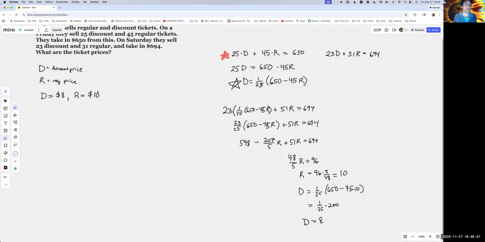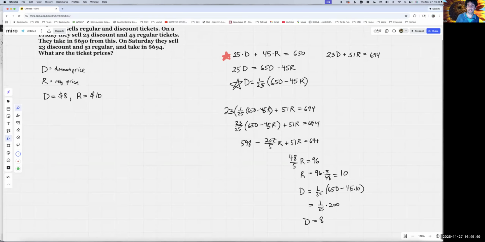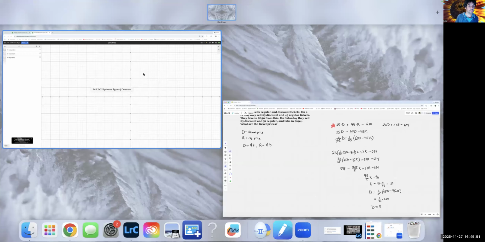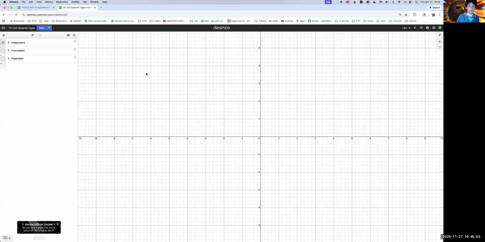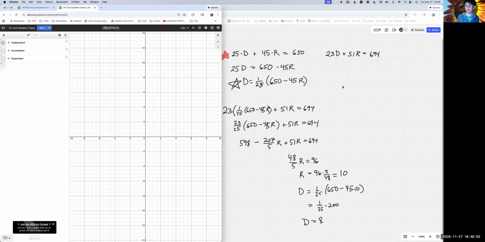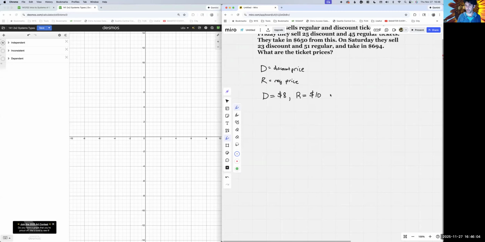Let's take a look at what this means graphically. Right, these two equations, 25d plus 45r equals 650. Let's actually look at this one for a second. Sorry, let me pull that back on screen.